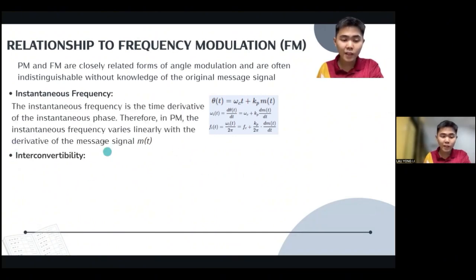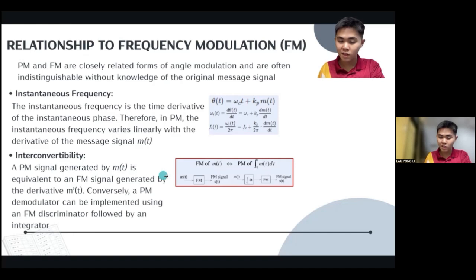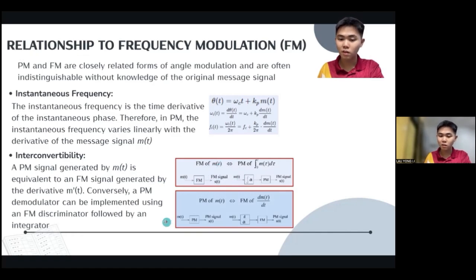For interconvertibility, a phase modulation signal generated by a message signal is equivalent to a frequency modulation signal generated by the derivative of the message signal. If the message signal enters the frequency modulator, it becomes the frequency modulation signal. If the message signal enters the phase modulator, it becomes the phase modulation signal.